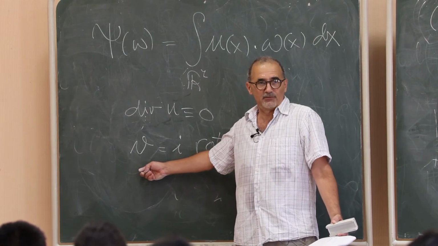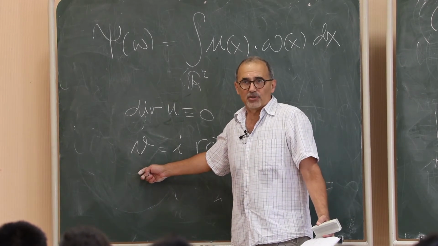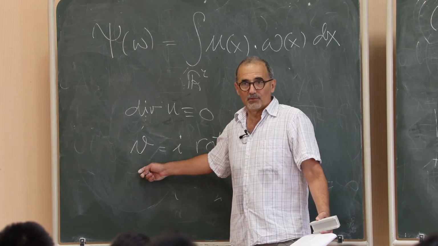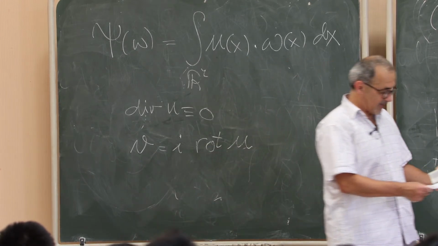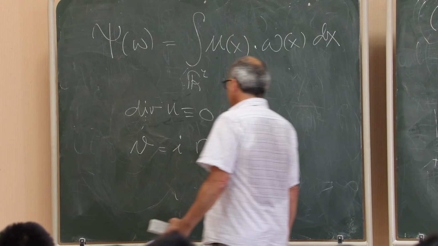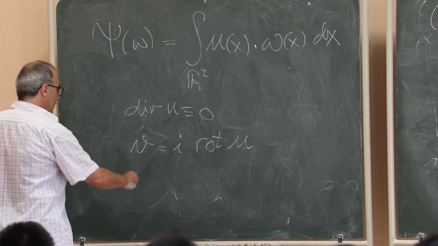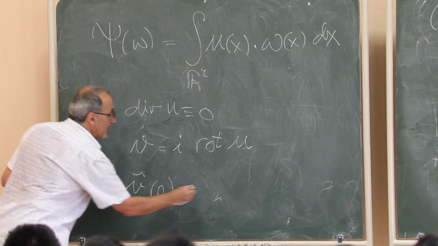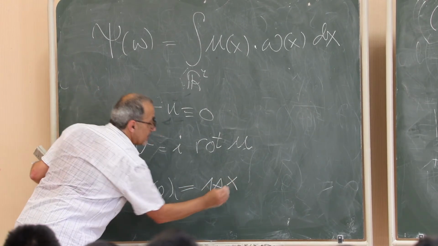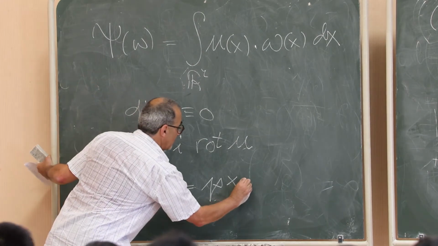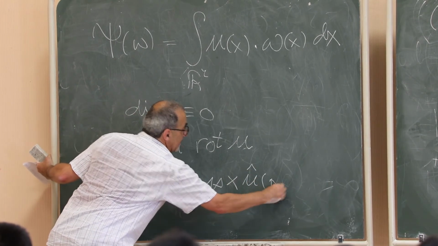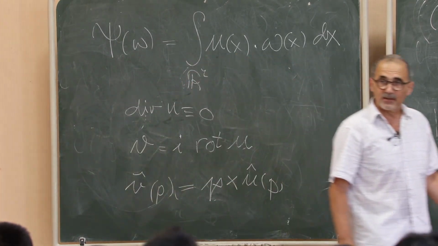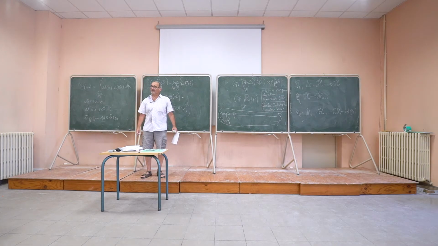I will write down the variational problem. We will arrive at a variational problem to solve, down to earth in R2, and I make it as simple as I can. So V hat of p will be p perpendicular times u hat of p, and vectorial product means what you know it to be. Question?